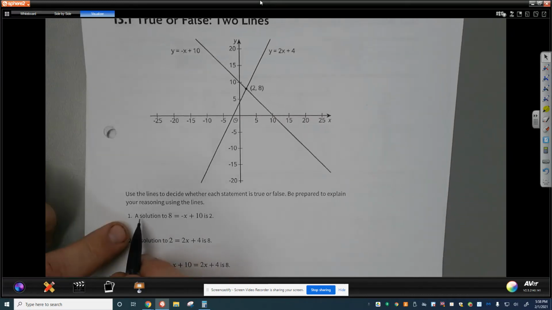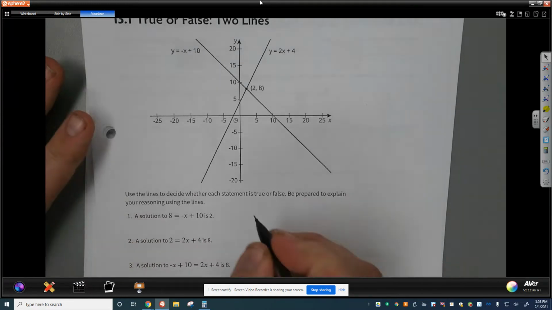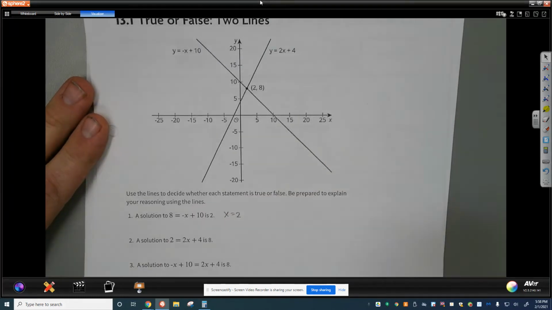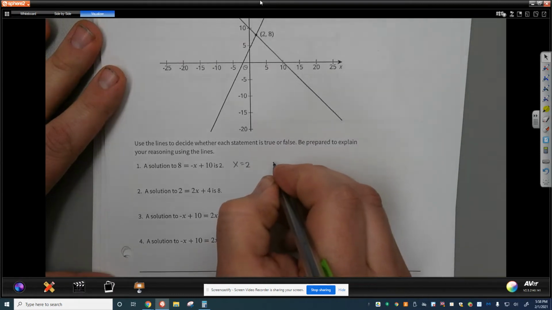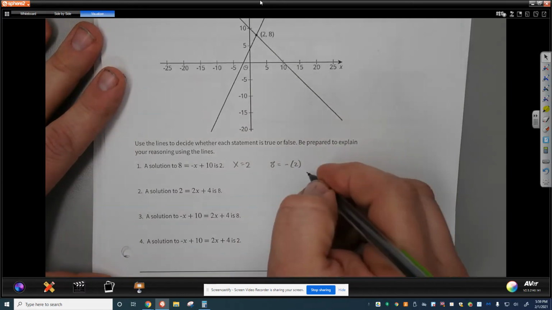We say the solution to 8 equals negative x plus 10 is 2. Well, let's look at this. What we're suggesting here is that x is 2. So when we talk about that solution, we need to substitute. So we see that 8 is equal to negative x plus 10, but x is the only thing that's going to be replaced with the 2.